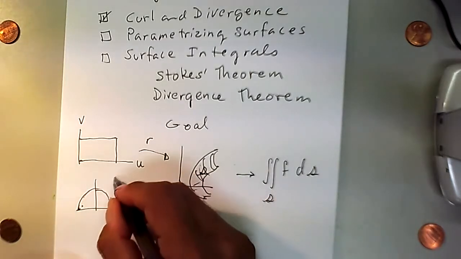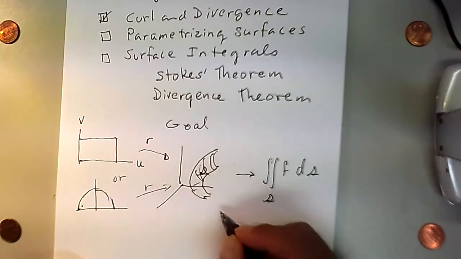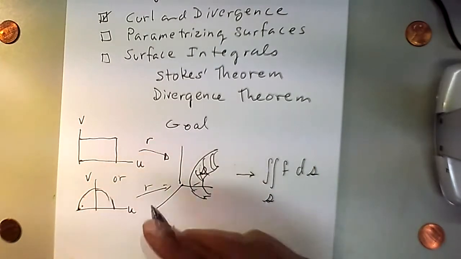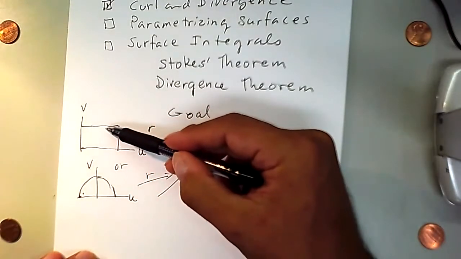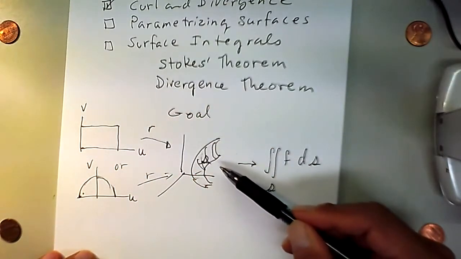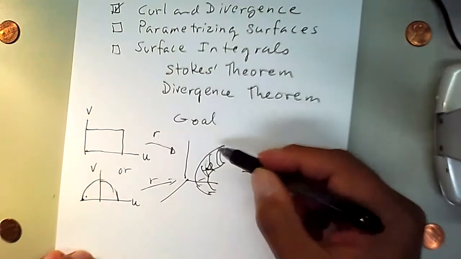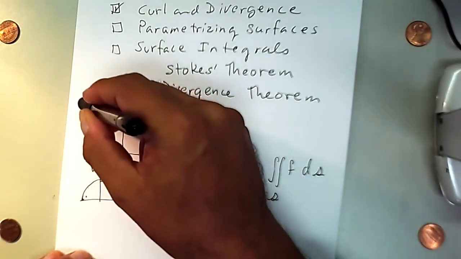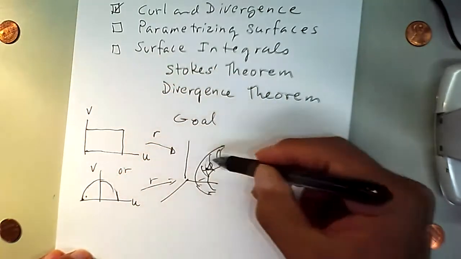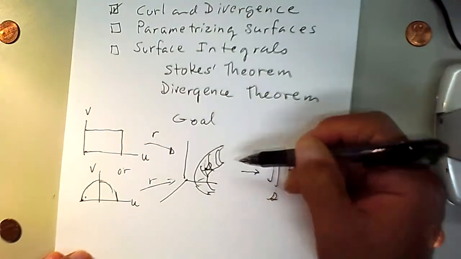We're still going to label this as u and v. If we have something simple enough, then we can make our work way easier. So right now, parameterizing consists of this part of the diagram, going from rectangles or circles into something more complex in 3 dimensions.